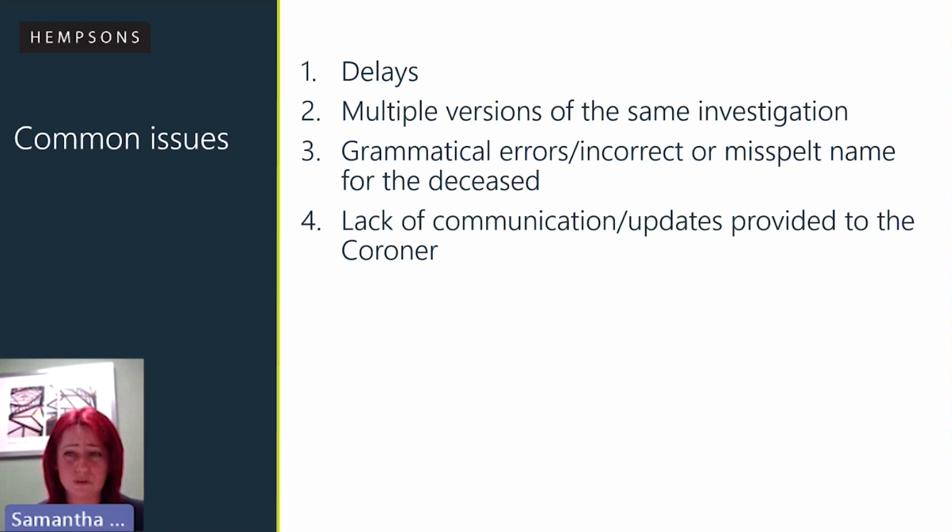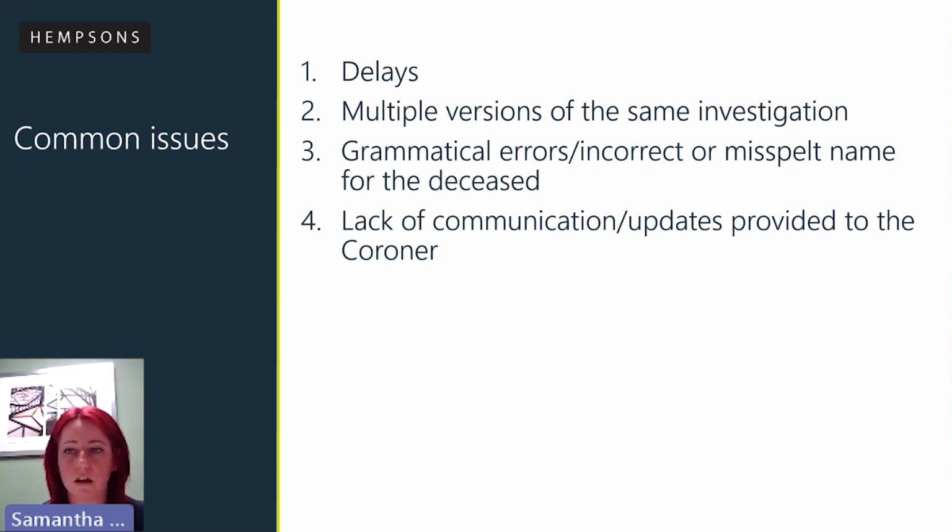It can also create some uncertainty for the coroner and of course the family around the investigation process, and we want to avoid that ultimately, because we want the coroner to have confidence in our trust investigation. More so, we want the family to have confidence that that investigation has been conducted thoroughly and correctly.